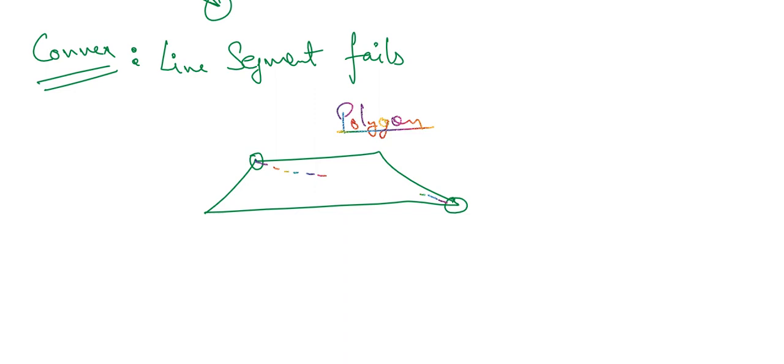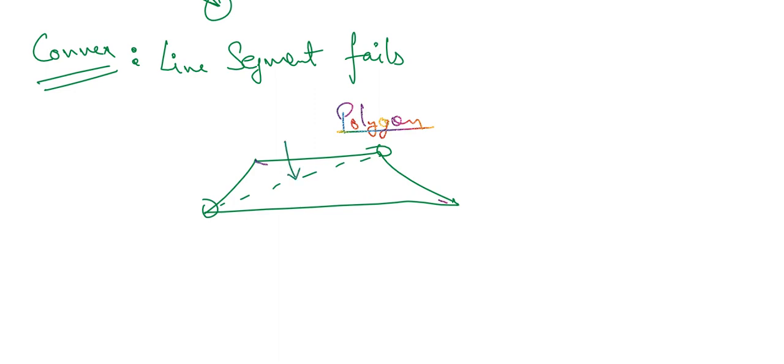Let me remove these. Okay, so I haven't failed till now. Let me use this and this. Again, if I join these two, I again get a line segment lying inside my region.